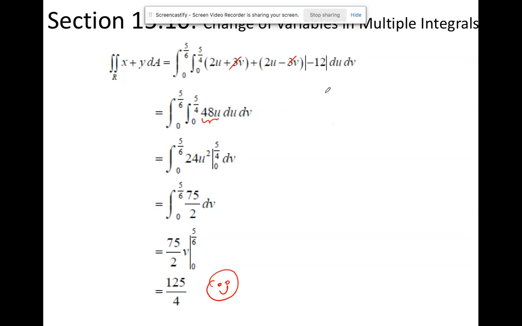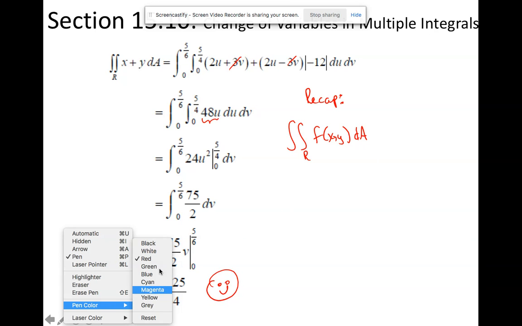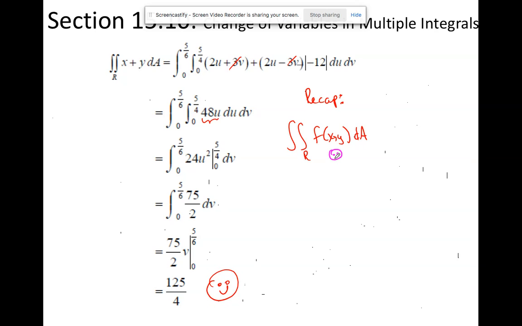So what we've learned to do is if we want to integrate in rectangular space, a region R, and either our integrand makes us sad, or our region makes us sad, or both, I can transform this into a region S that makes me happier.